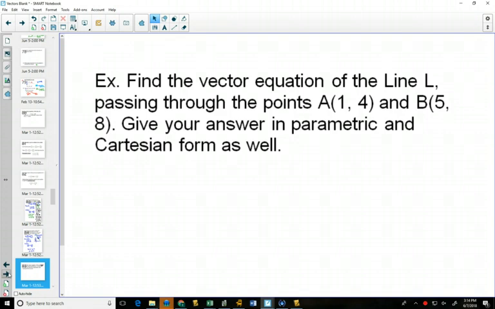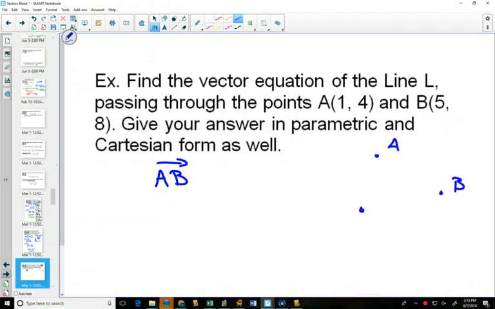Here, if I want to find my direction vector from A to B, there's my vector A, there's my vector B. If I want to go from A to B, I'm going to need to go -A plus B.